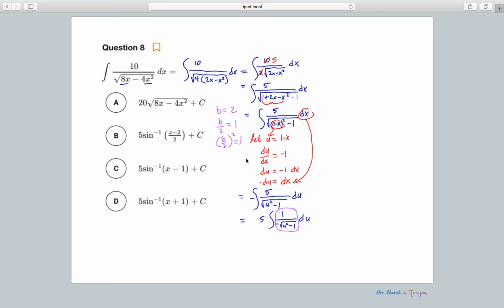So what I'm going to end up with is 5 times inverse sine of u, and then don't forget this is an indefinite integral, so we need our plus c, right? And then the last thing we want to do is replace u with the equivalent expression in x, and so u was 1 minus x, so it's going to be 5 times inverse sine of 1 minus x plus c.